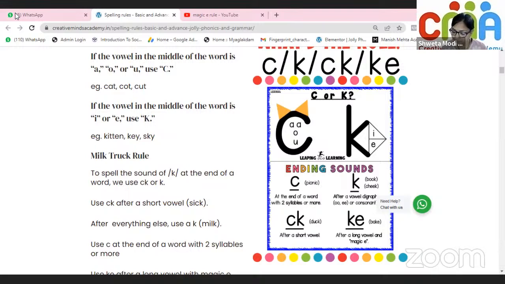Words can be like book. Think of the words having only K at the end.